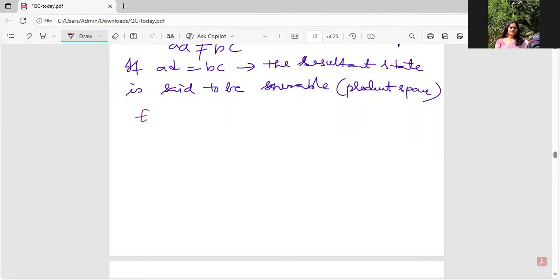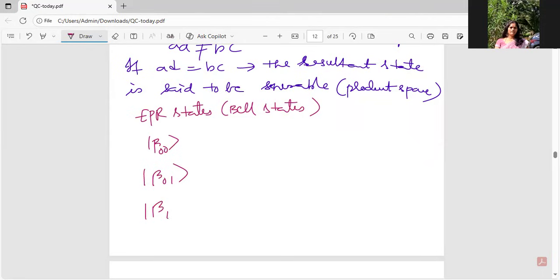There are these EPR states, guys. EPR states or the Bell states. What are those Bell states? You look here. Denoted by beta 0 0, beta 0 1, beta 1 0, beta 1 1. How they are defined, you ought to remember, guys. Of course, you can just predict, I think, looking at it: 0 1, 1 0, guys.